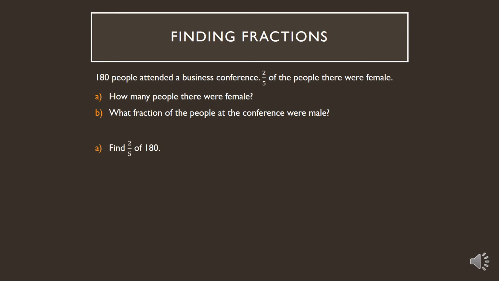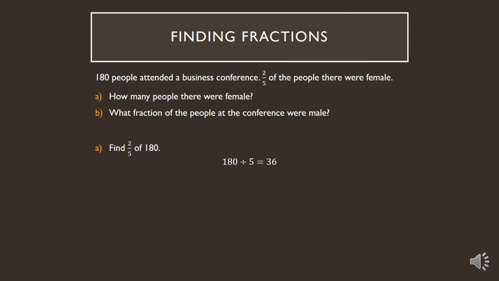So to answer question A, how many people were female, we must find 2/5 of 180. So we start by dividing. We're dividing by 5. The denominator tells us how many equal groups we need to make. So we divide by 5 to find one group, and 180 divided by 5 is 36. So that is 1/5.